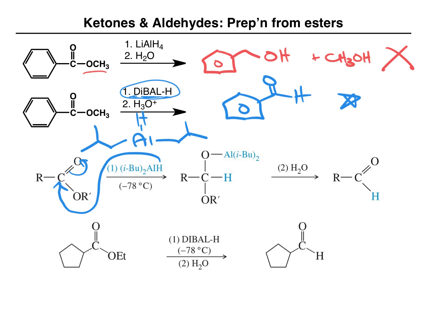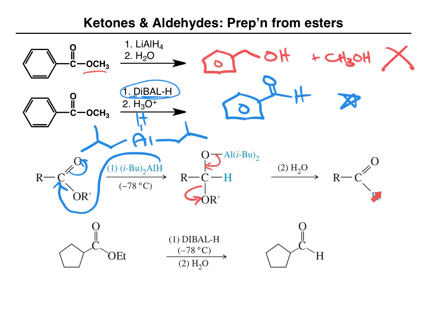And another equivalent of DIBAL doesn't add. This species is stable until hydrolysis occurs. So when hydrolysis occurs, you can think about these electrons coming back here to reform the double bond, kicking out the OR as a leaving group, giving the aldehyde.